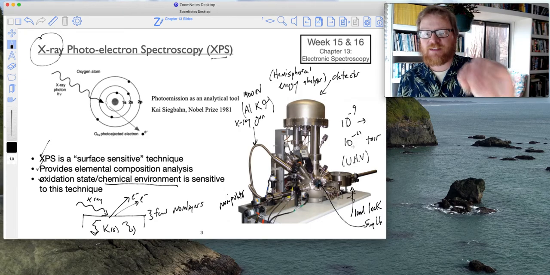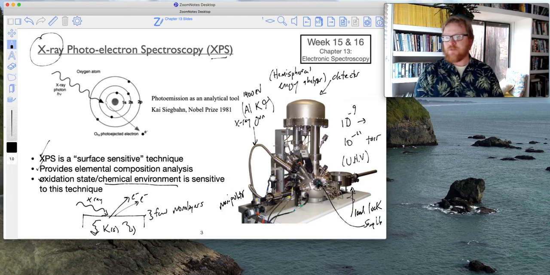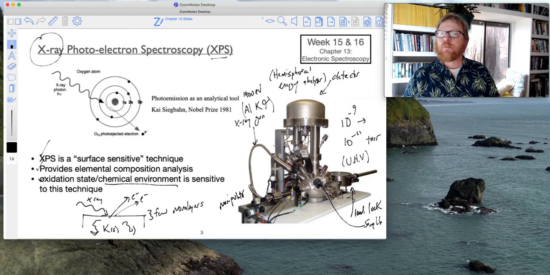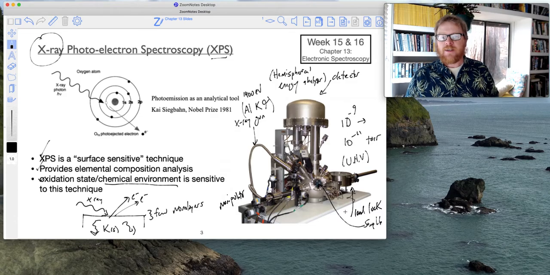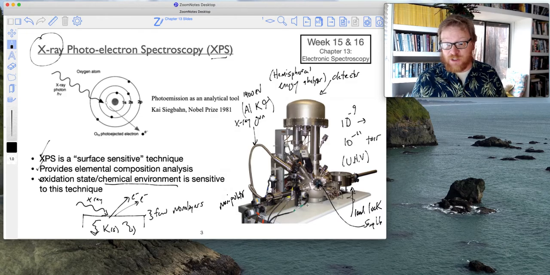It'll manipulate the sample right into the path of the beam. And that requires really high precision movement, right? To get that sample right in the beam path. So there's just a ton of technology and complication involving XPS. But that makes it pretty awesome, right?